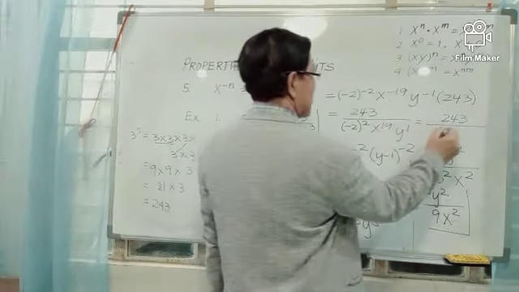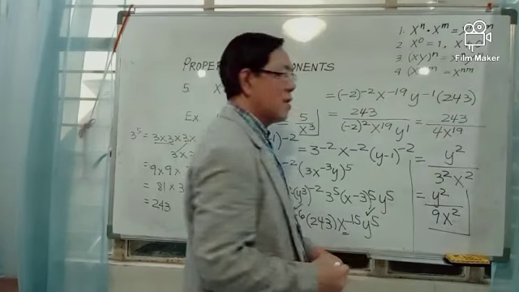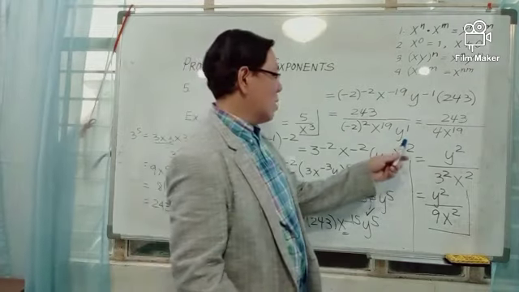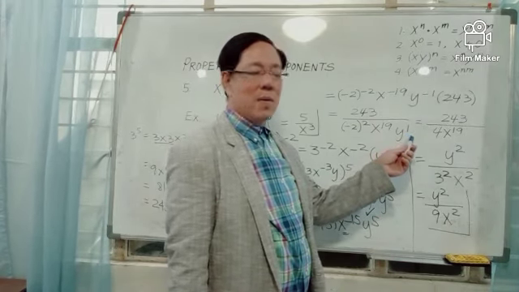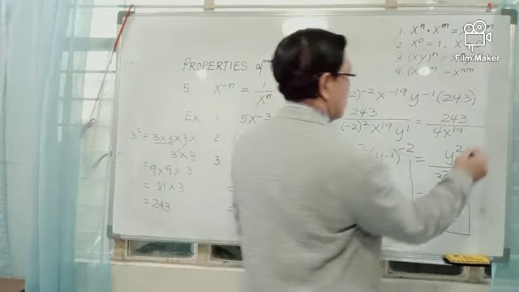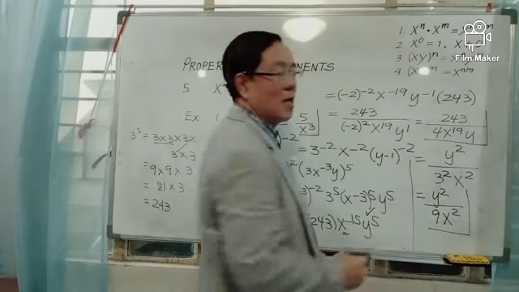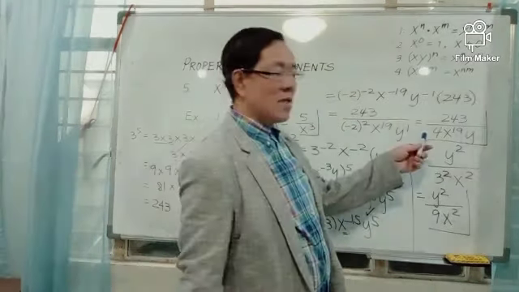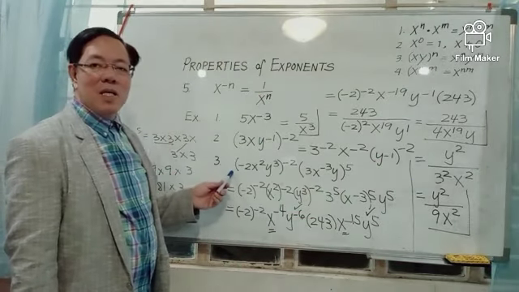Multiply by x to the power 19. And again, when the exponent is 1, we do not write the exponent 1 anymore. We omit 1 and we simply write y. And this is the simplified form of the given in number 3.